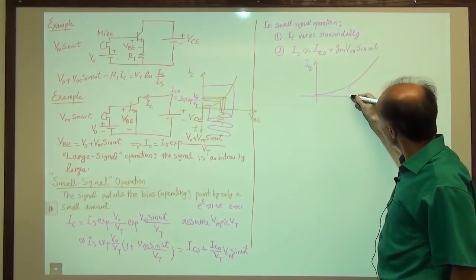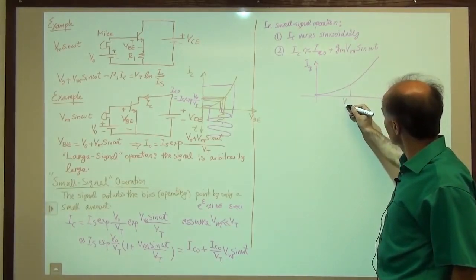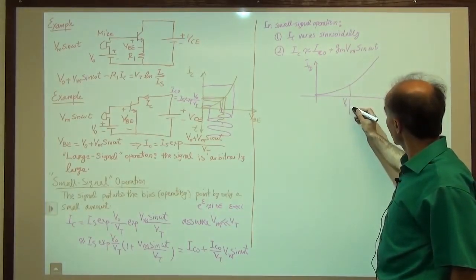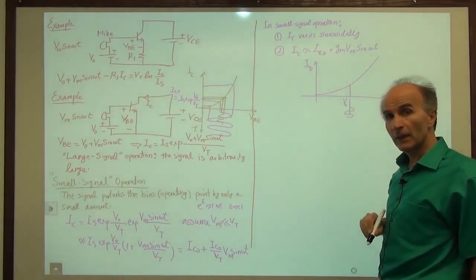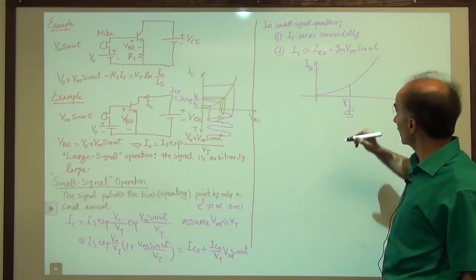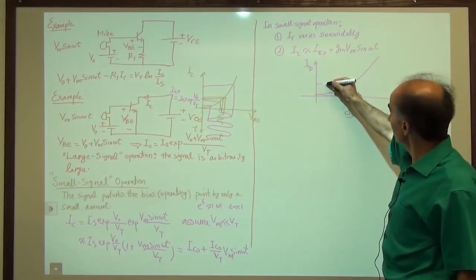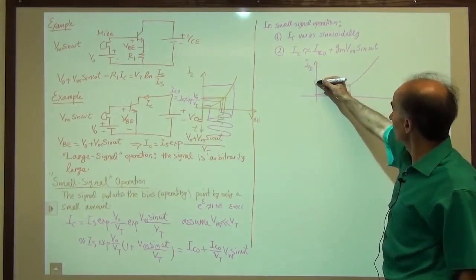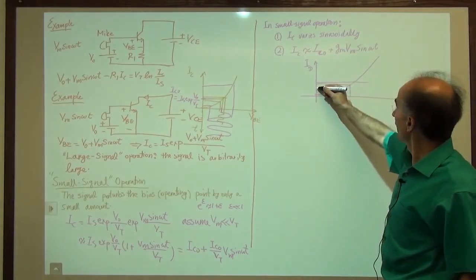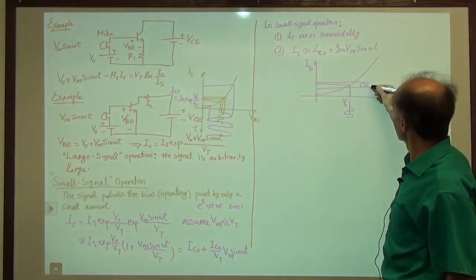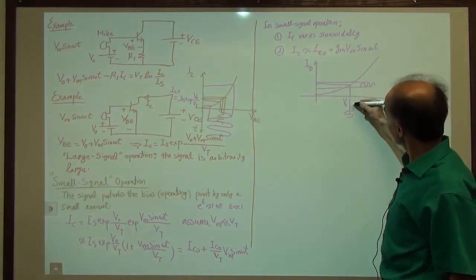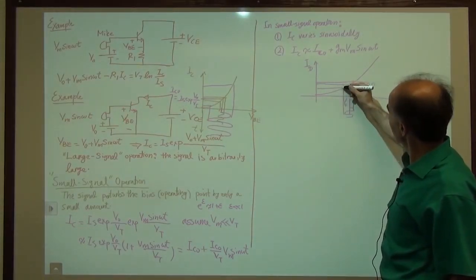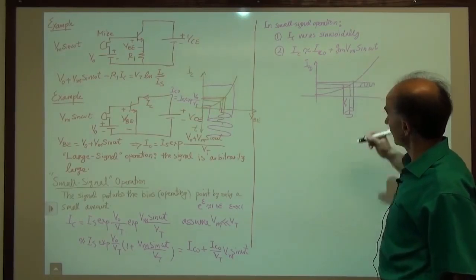So here's our V0, and we are making a small perturbation here. Then this perturbation in the current, we are saying, is small and it's also sinusoidal. So we see that this goes up here, this goes up here, and the current fluctuates between these two.